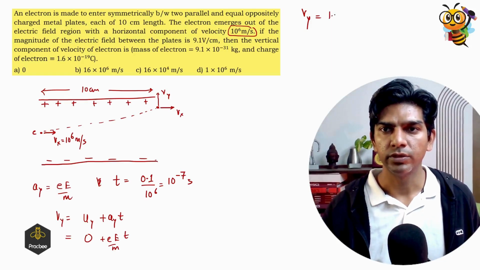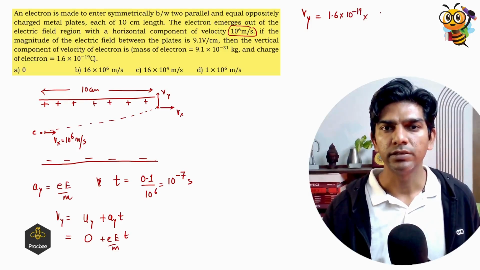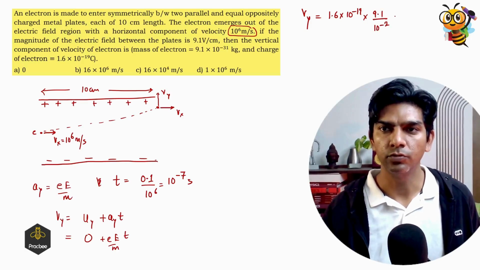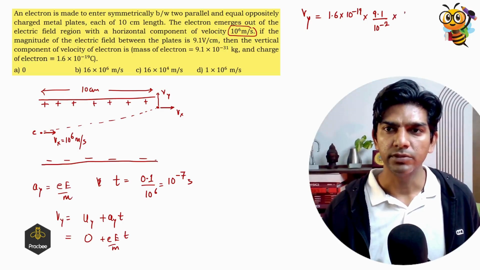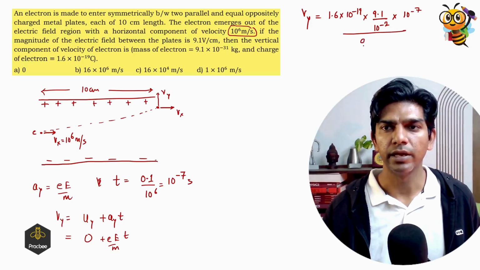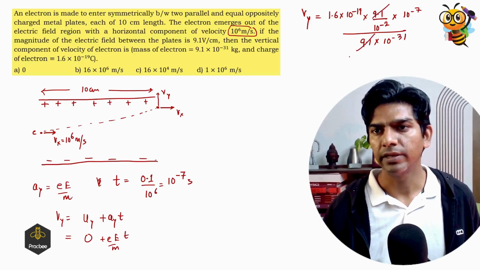So e is 1.6 into 10 raised to minus 19, and the electric field is given as 9.1 volt per centimeter, which is 10 raised to minus 2 in the denominator. Time is 10 raised to minus 7, and mass is given as 9.1 into 10 raised to minus 31. So 9.1 will get cancelled out.